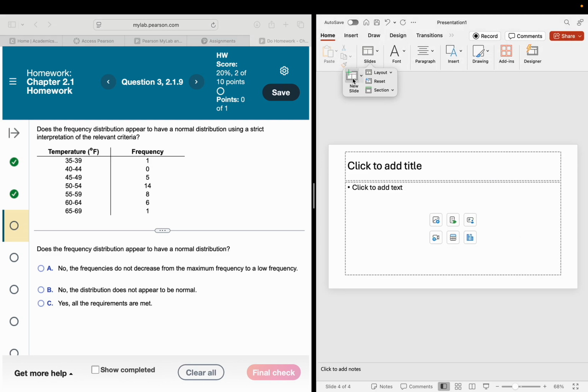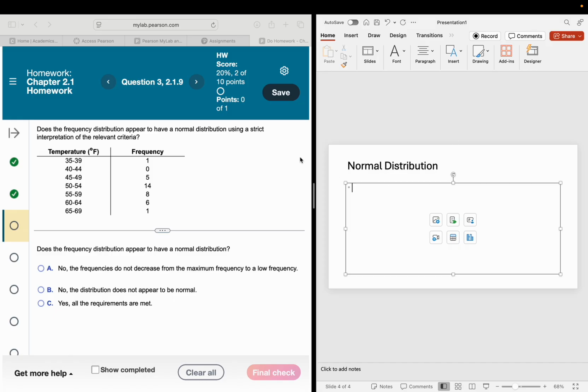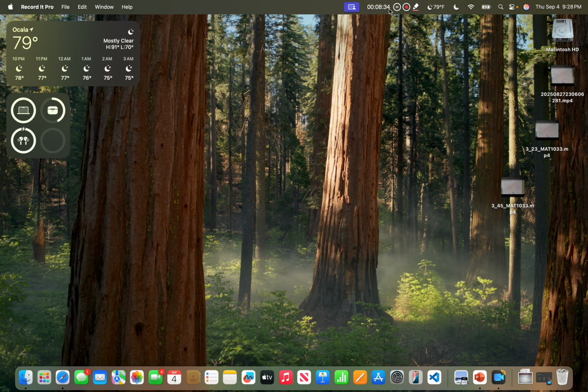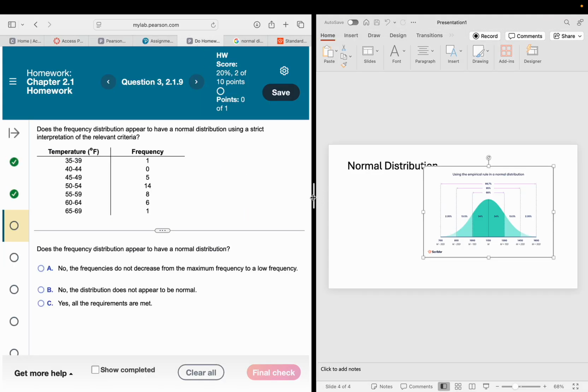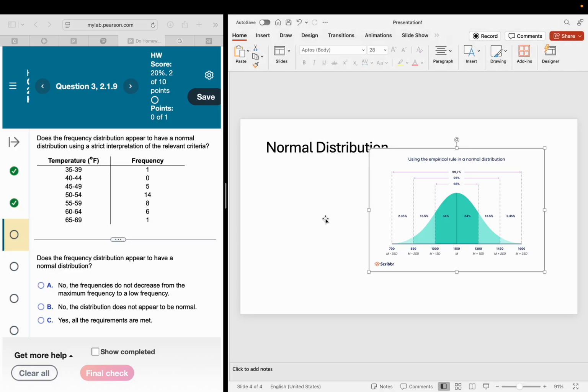Up next, let's quickly introduce the idea of the normal distribution. The normal distribution is super important. Let me pull up a little graphic of it. All right, so I pulled up a picture of the normal distribution, and here's some things I want to show you.